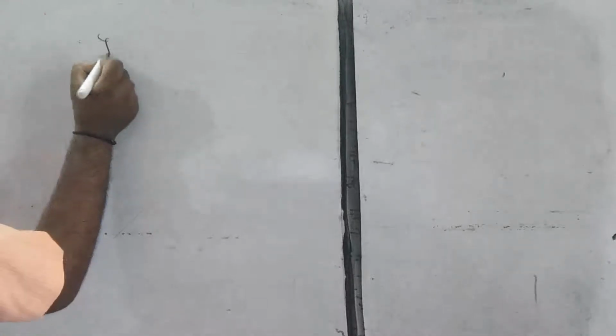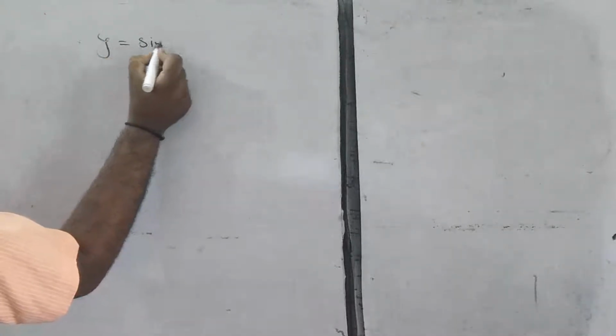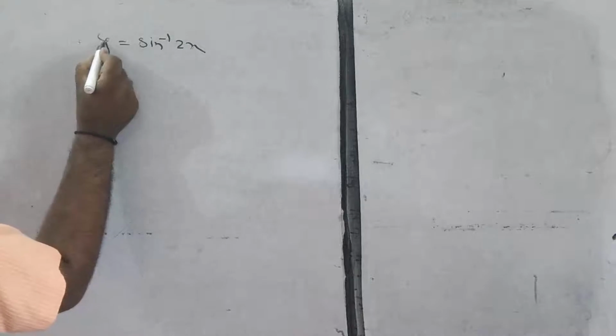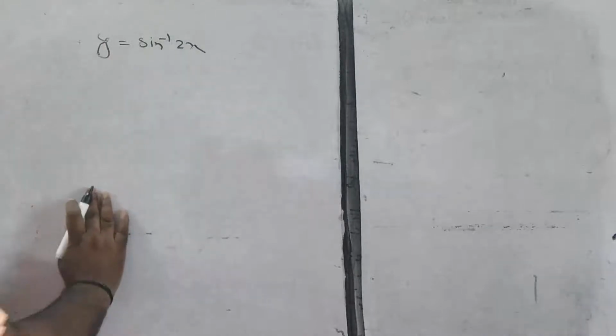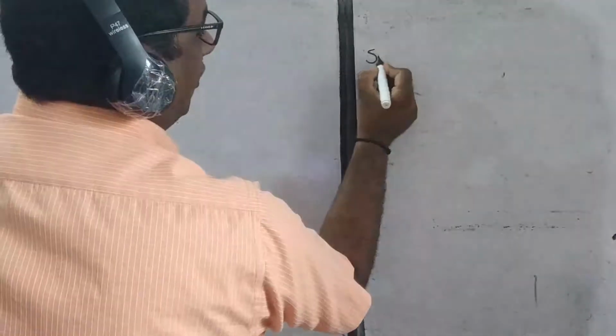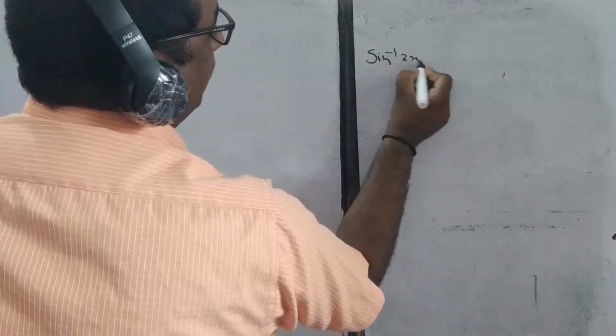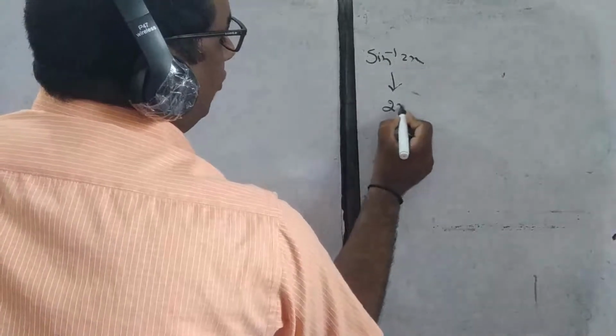Like y is equal to sine inverse 2x. So it is a function of a function. How? Because sine inverse 2x depends upon 2x, which depends upon x.